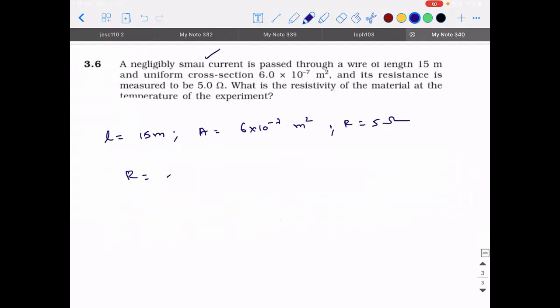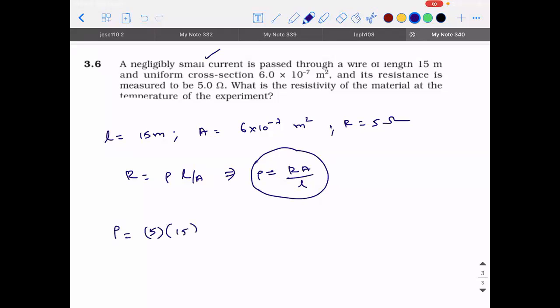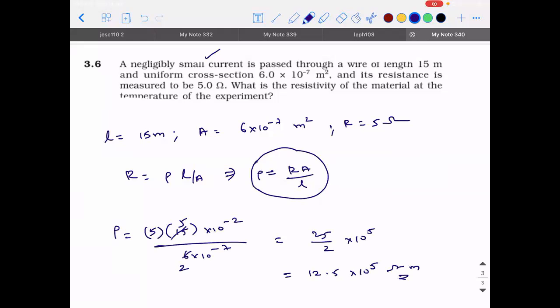So we know that R is equal to rho into L divided by A, which implies rho is equal to R into A divided by L. So rho will be equal to R is how much? 5 into L is 15 into 10 power minus 2 divided by 6 into 10 power minus 7. So this will go 5 times, this will go 2 times. 25 divided by 2 into 10 power 5, that is nothing but 12.5 into 10 power 5 ohm meter.